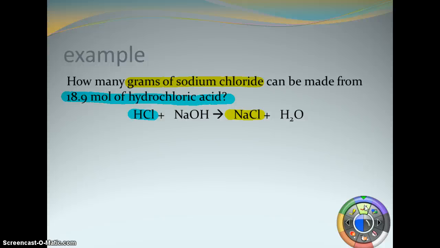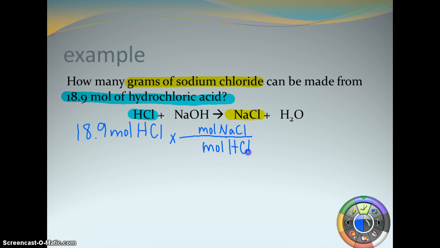So write down what we're starting with. We are starting with 18.9 mole of HCl. Since we're starting with moles, do we need to turn it into anything else? No, we can go directly into our mole ratio. So what we're looking for is sodium chloride. So mole NaCl is going to go in the numerator, trying to get rid of that mole of HCl.